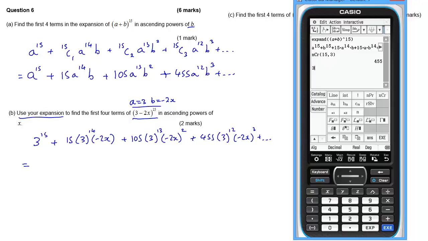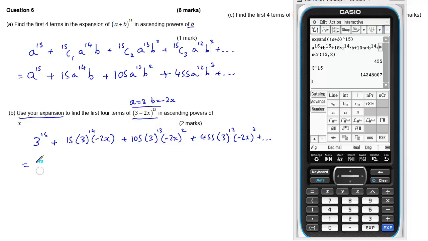So 3 to the power 15 is this number here, 14,348,907. And then the next one's going to be negative, because our negative is just to the power 1.